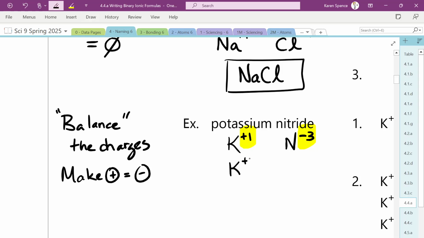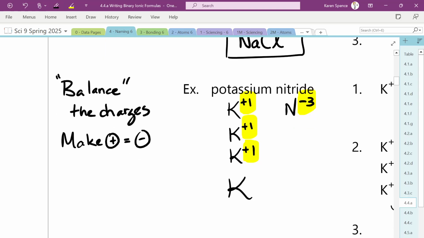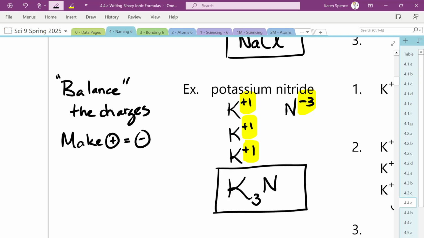So we have K +1, that'll give us 2 positive, and then another K +1, that gives us 1, 2, 3 positive. So we just add potassiums until it is equal. That means that we have K. How many Ks do we have now? 3 of them, K3. And then N, we just have 1 of them, so we just leave it blank down at the bottom. And then we are done.